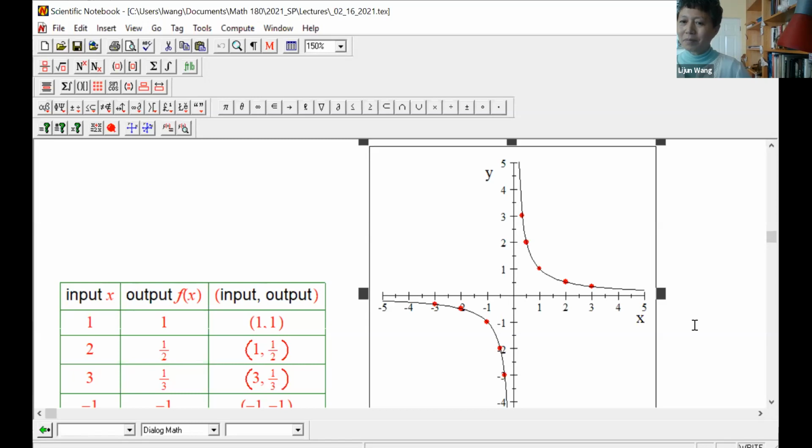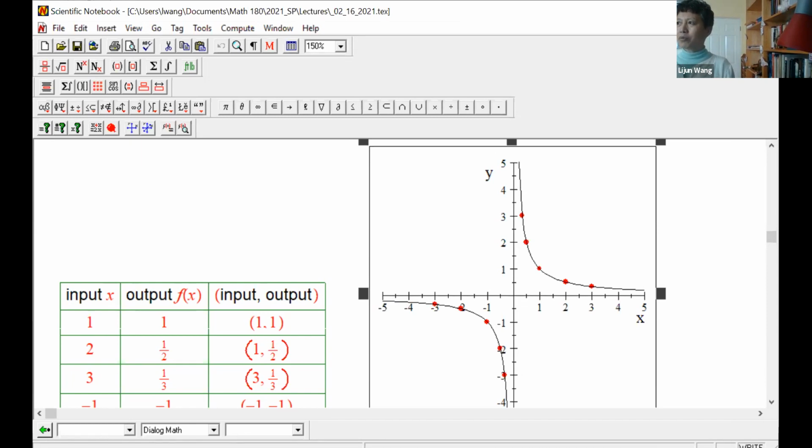Domain, we just talked about domain. How about range? All real numbers except for 0. Very good. All real numbers except 0. Because you can see the domain can be any real number but 0.